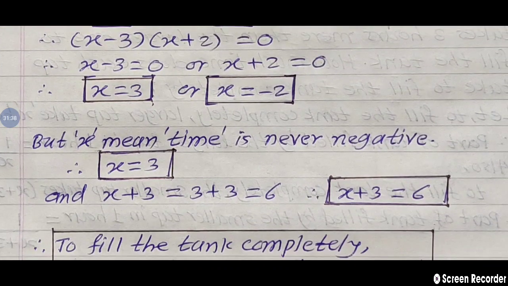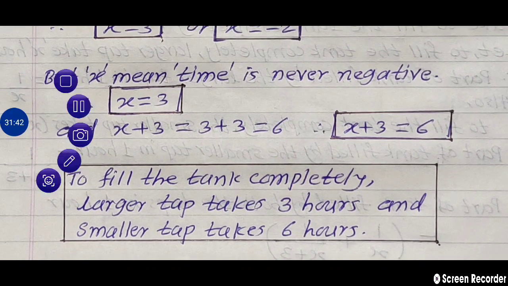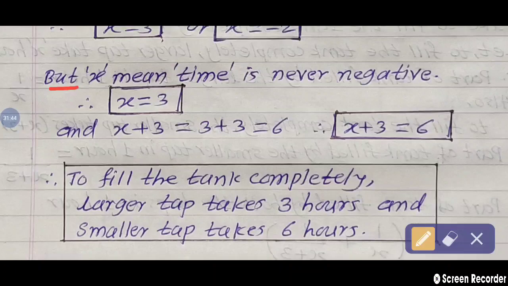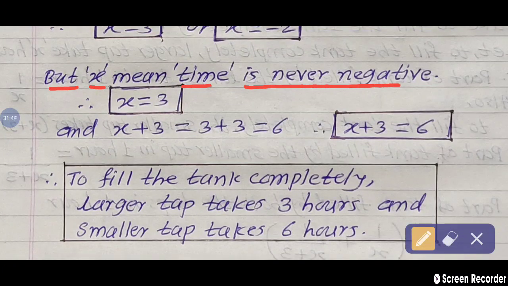That's why we are writing the proper sentence here. x means time, and time is never negative. That's why that minus term we omit here. x is not equal to minus 2. So what is remaining? x is equal to 3.